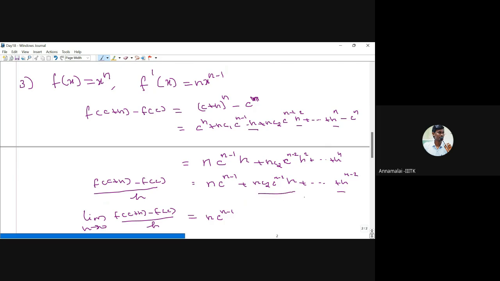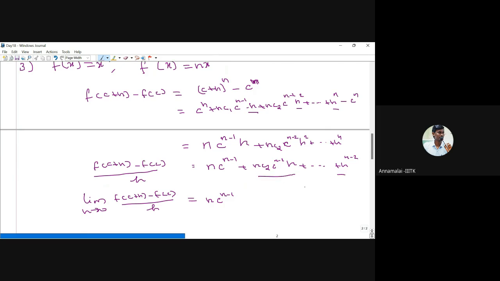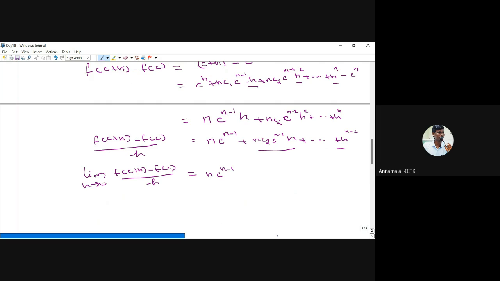If h goes to 0, those terms go to 0. So the limit exists, and that limit is n into c power n minus 1. Therefore, the derivative at the point c is n into c power n minus 1. So in general, f dash of x is n into x power n minus 1. Similarly, we can find all the other derivatives.